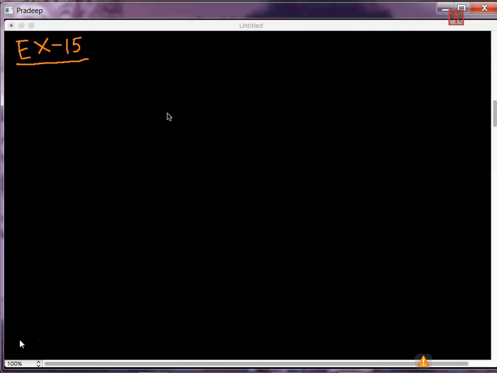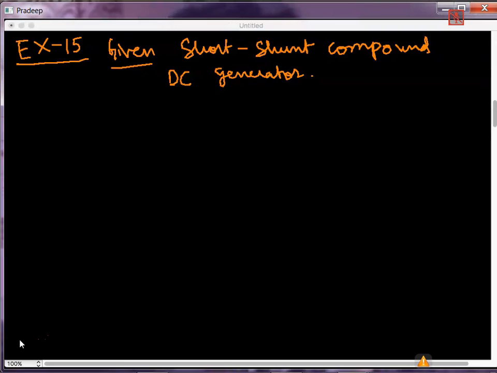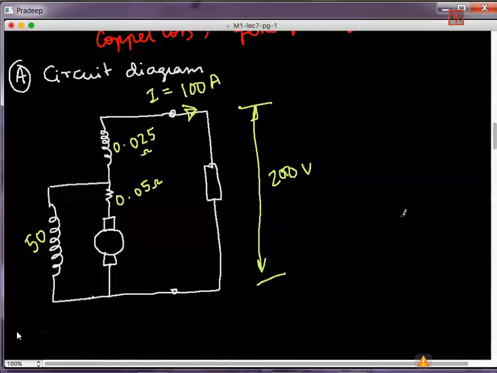Okay, so the question is like this. Given, it is a short shunt compound DC generator, and now we have this data.